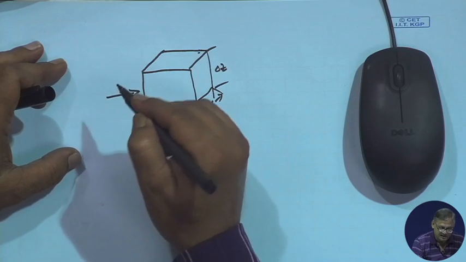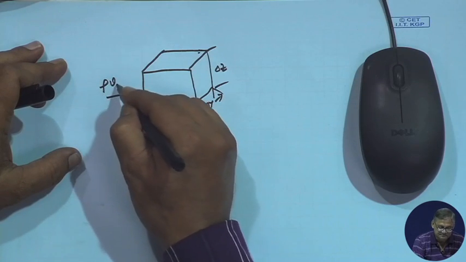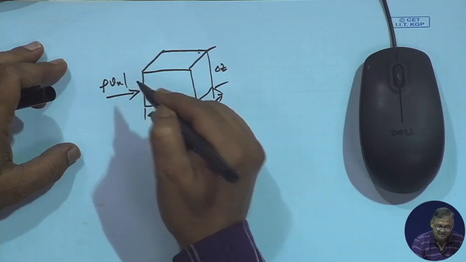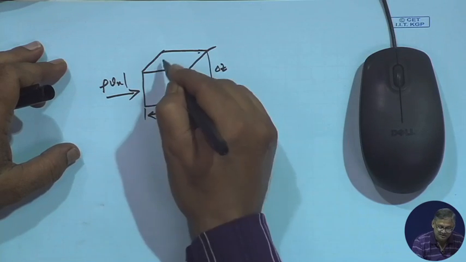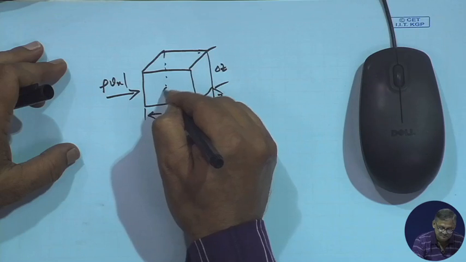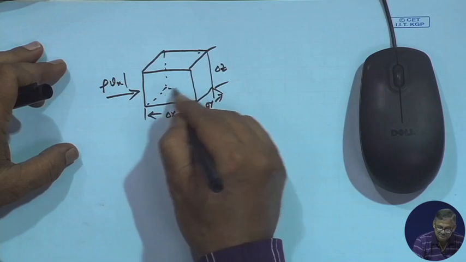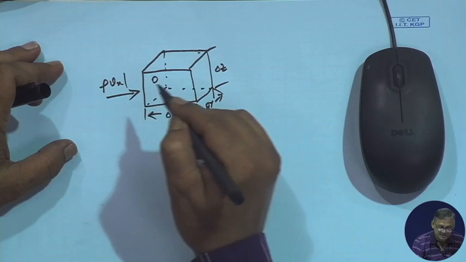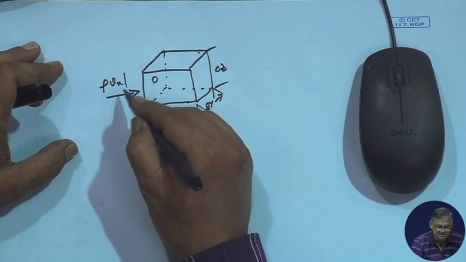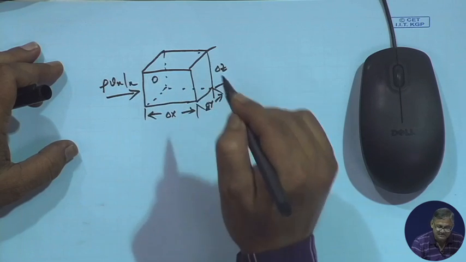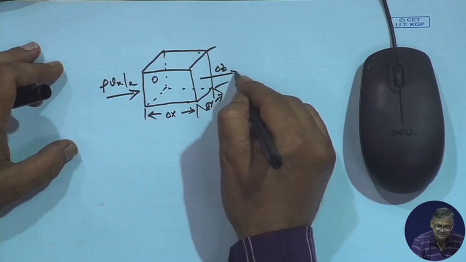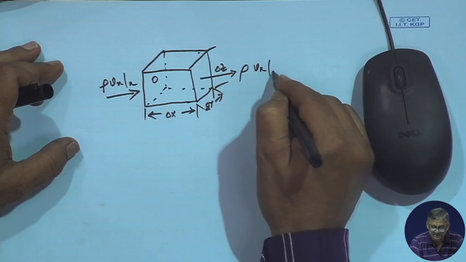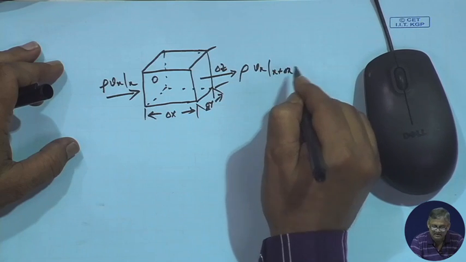We assume that the mass coming in at this surface is rho Vx at the face x, and the mass going out is rho Vx at the face x plus delta x.